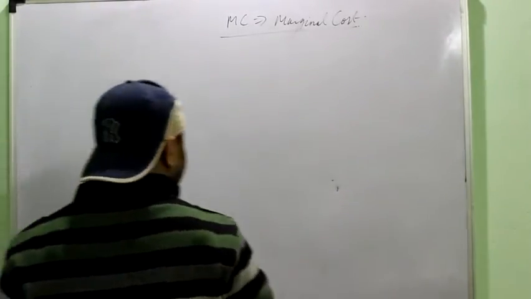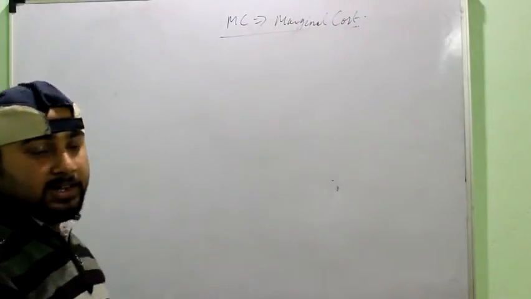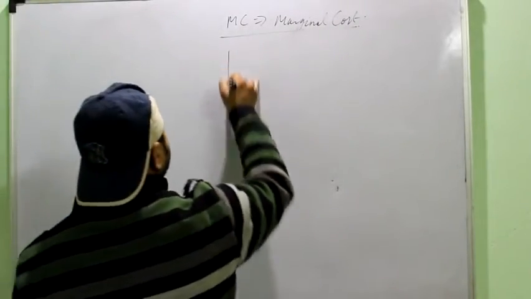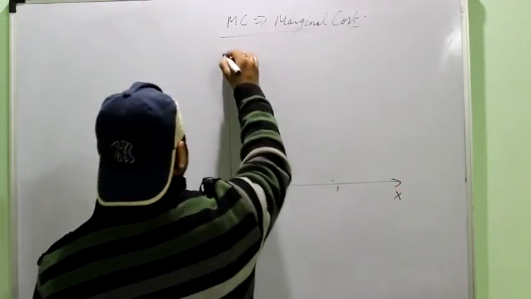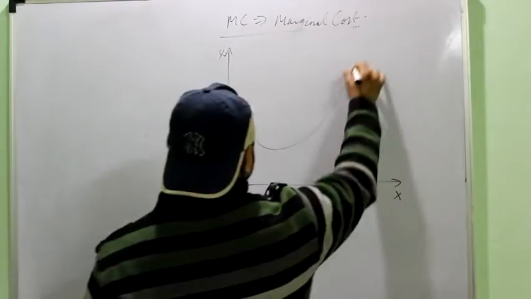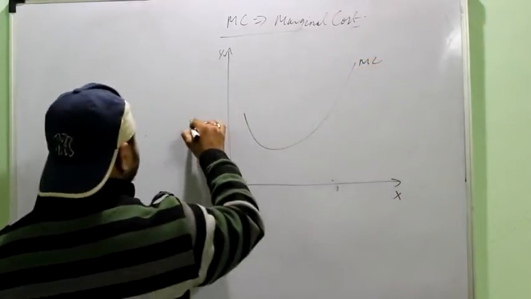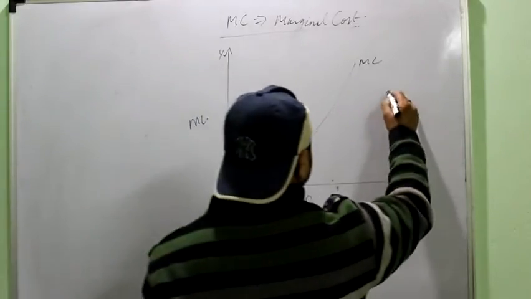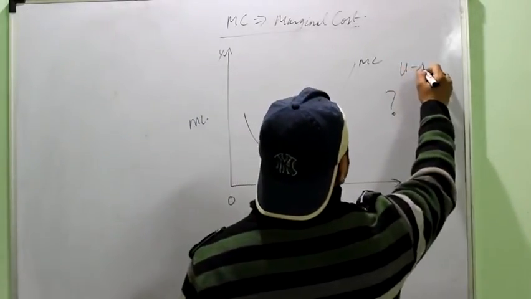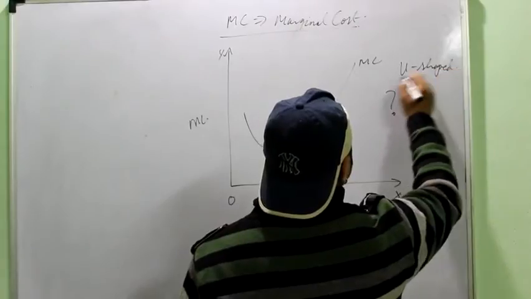So again we can see its behavior is depending on the TVC curve. So again it is U-shaped. This is the marginal cost curve. If it is asked why it is U-shaped, first we have to remember the name: marginal cost curve is U-shaped.